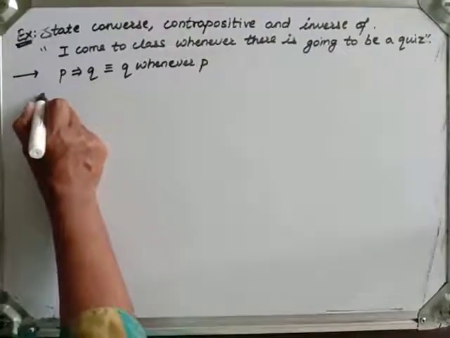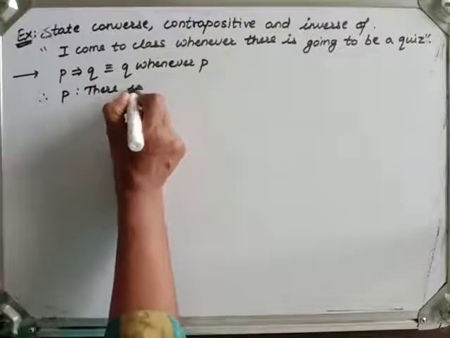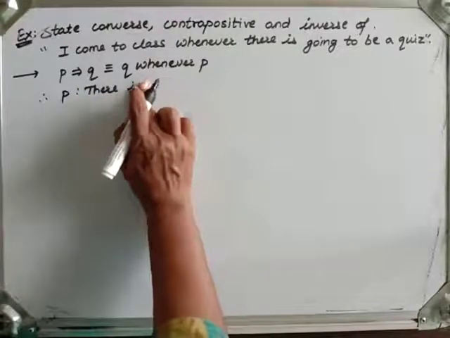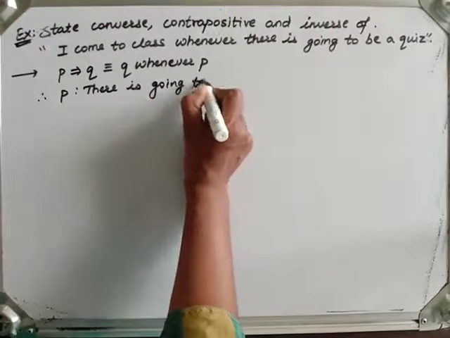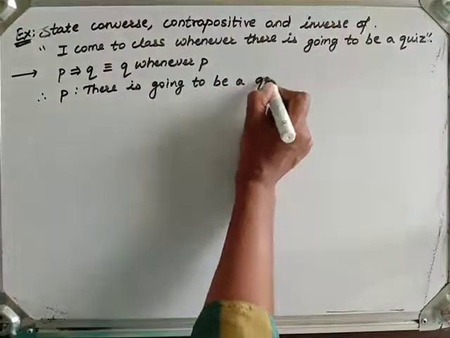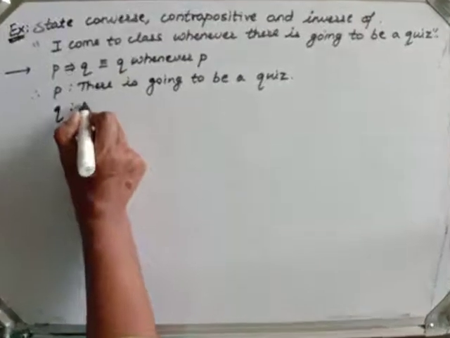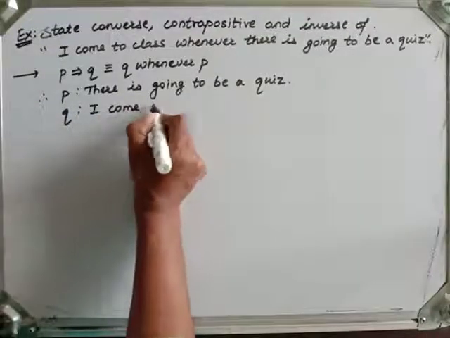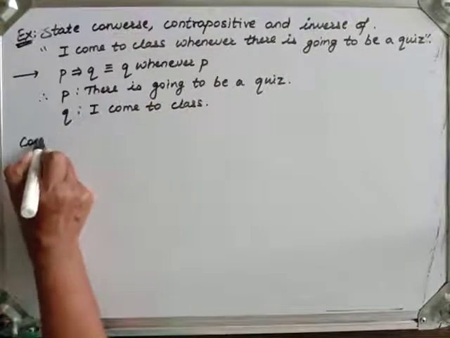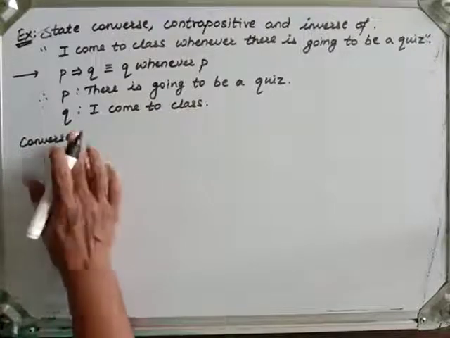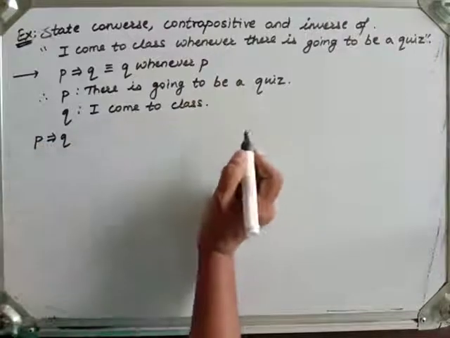So let me write them first. Therefore P is what here? There is going to be a quiz. And what is Q? This is premise and Q is consequence: I come to class. Now first of all let me write P implies Q so that the converse, contrapositive and inverse are easy to write.